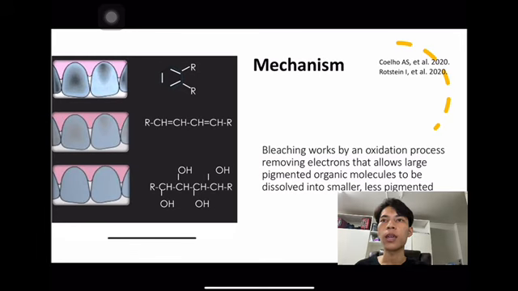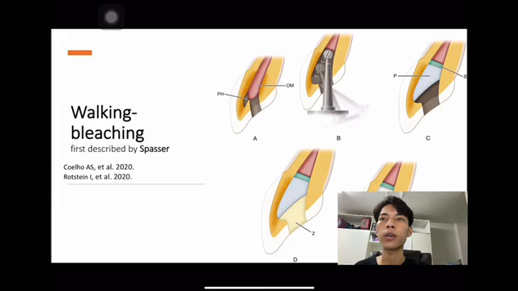Next is the technique of internal bleaching. First, walking bleaching, first described by Spasser. The technique consists of inserting the bleaching agent into the pulp chamber and then closing the access cavity with temporary filling, and the dentist refreshes the bleaching agent on a weekly basis until a satisfactory color.